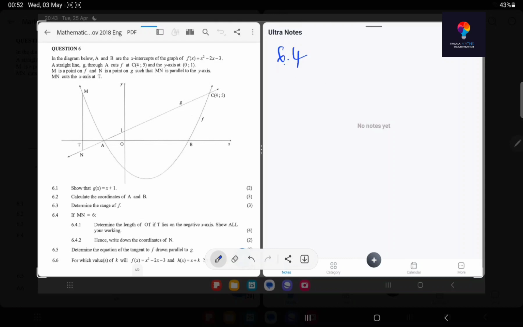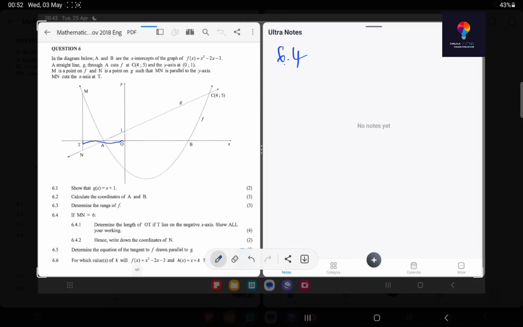In 6.4, we are given that MN is equal to 6. Therefore, we must determine the length of OT if T lies on the negative x-axis, and we must show all our working. This is how we'll go about it.